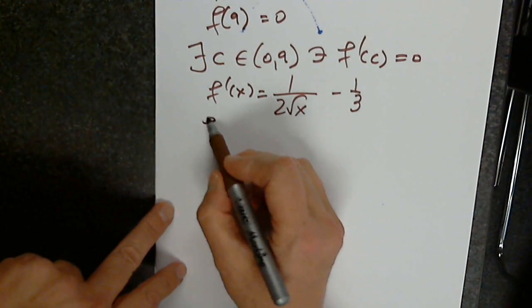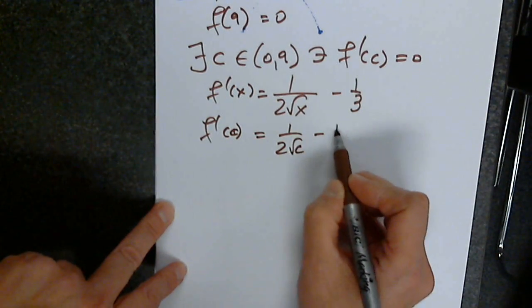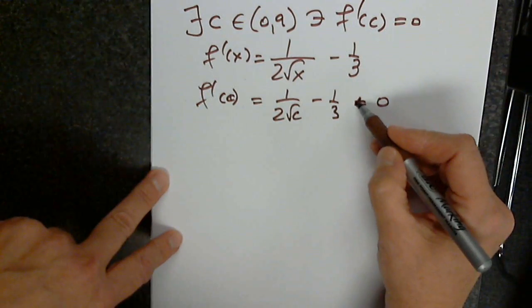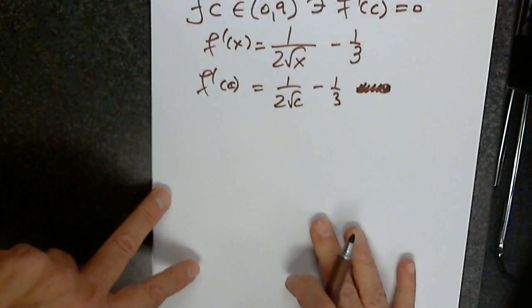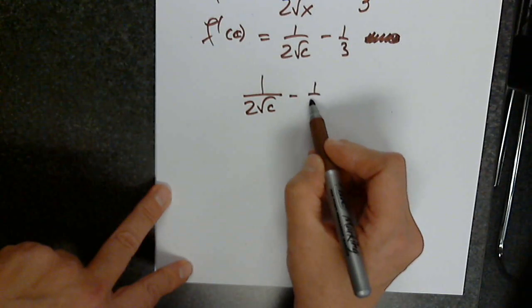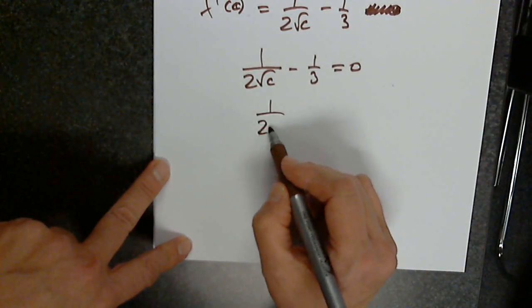Now f prime of c will be 1 over 2 the square root of c minus 1/3, and I have to set this equal to 0. I don't like writing it here though. So 1 over 2 the square root of c minus 1/3 equals 0. I move 1/3.